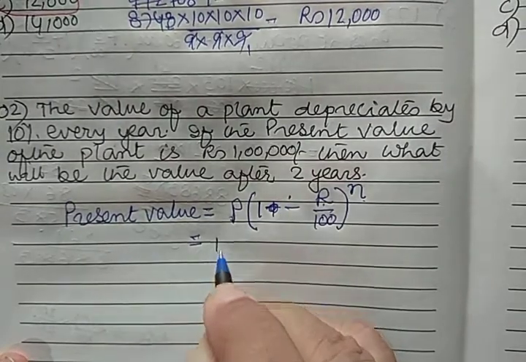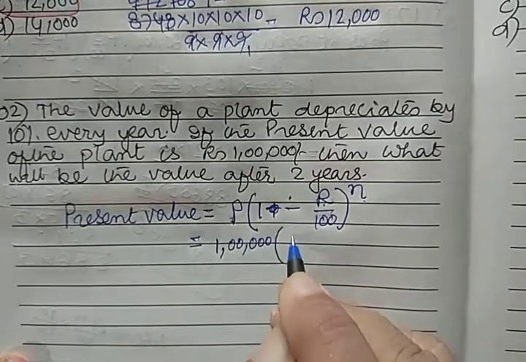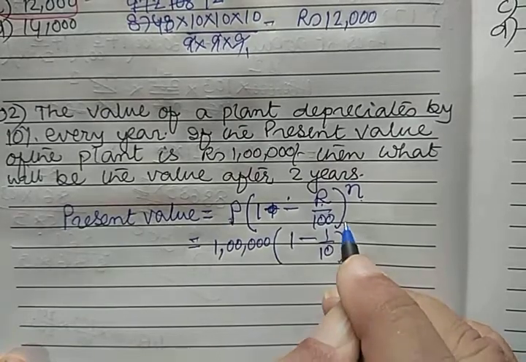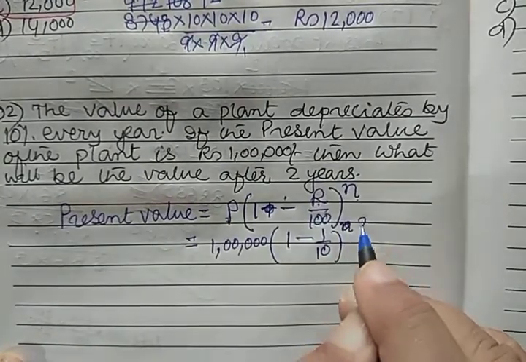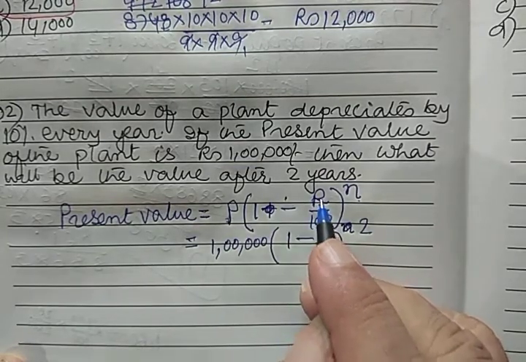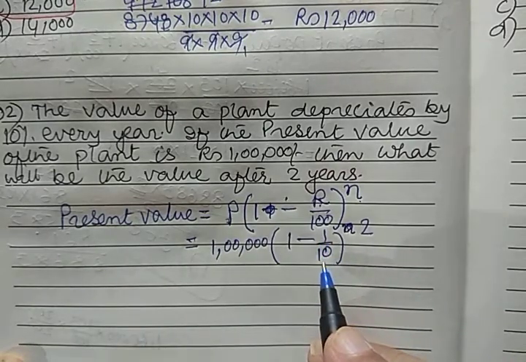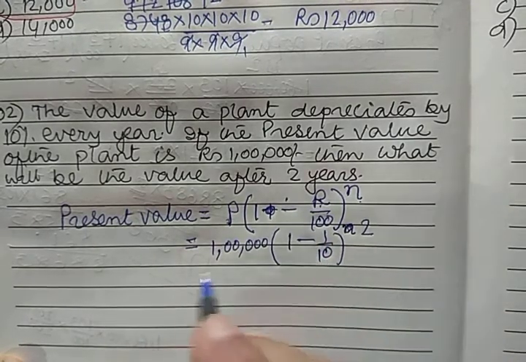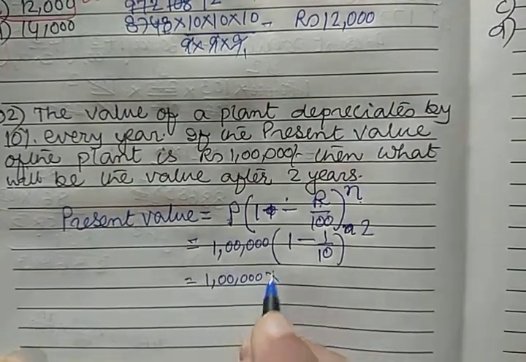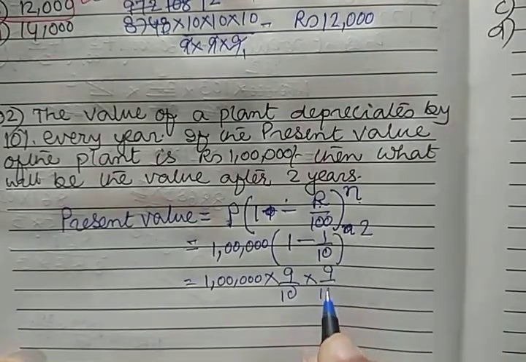So this is 1 lakh into 1 minus 1 by 10 to the power of 2. 1 by 10 because R is 10, and 10 by 100 is 1 by 10. So 1 minus 1 by 10 means 9 by 10. So 1 lakh into 9 by 10 into 9 by 10.